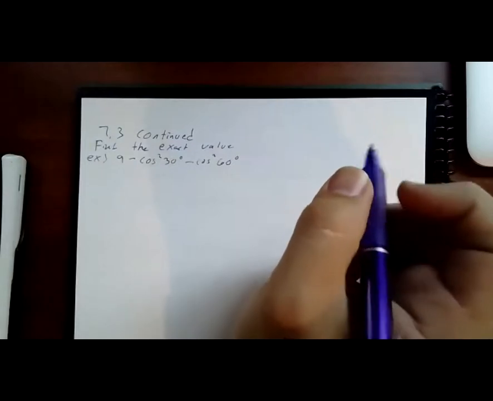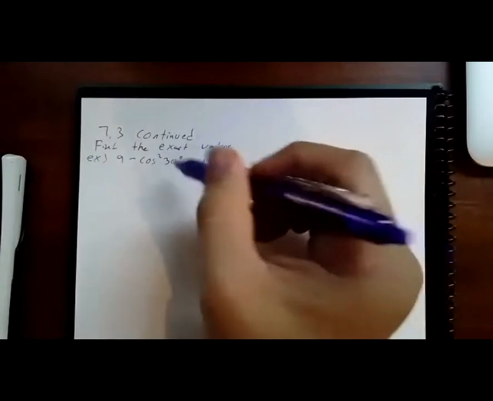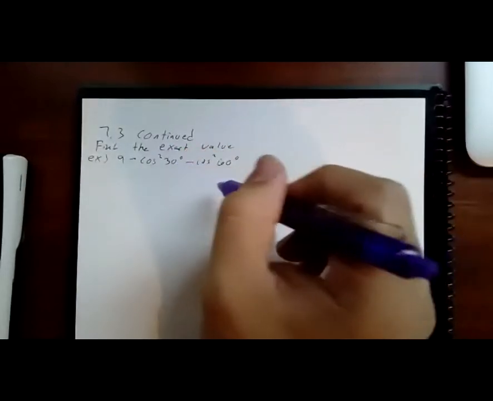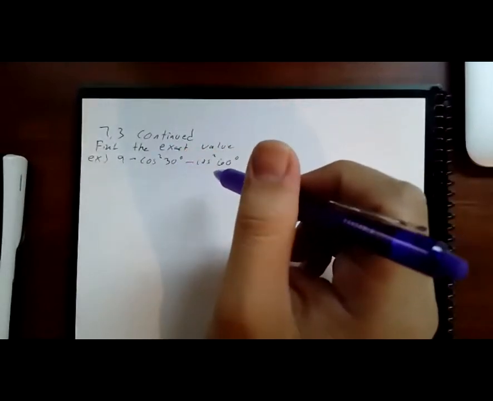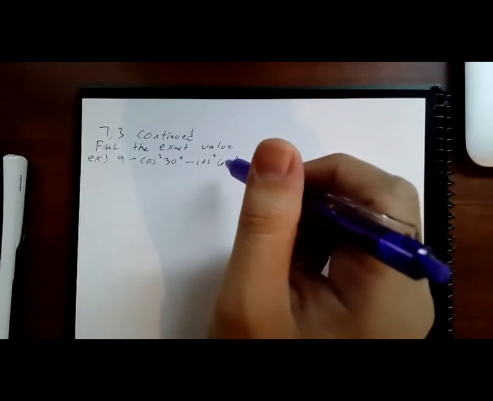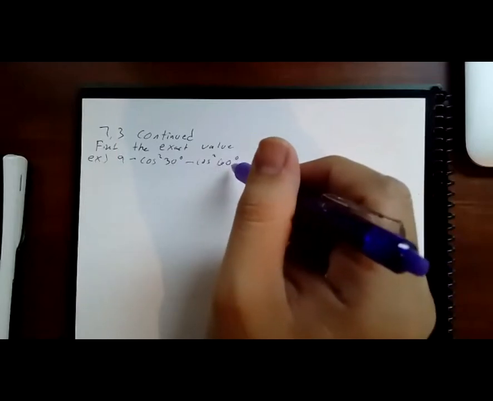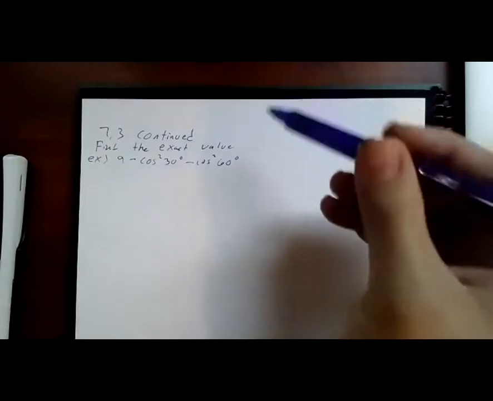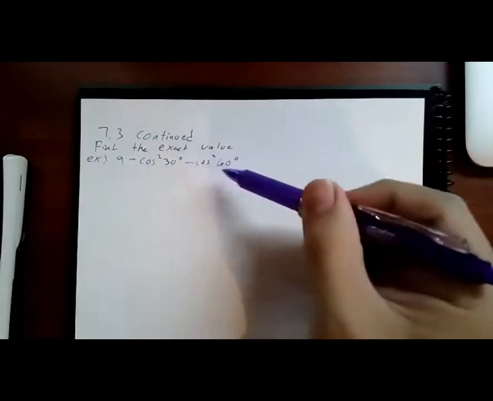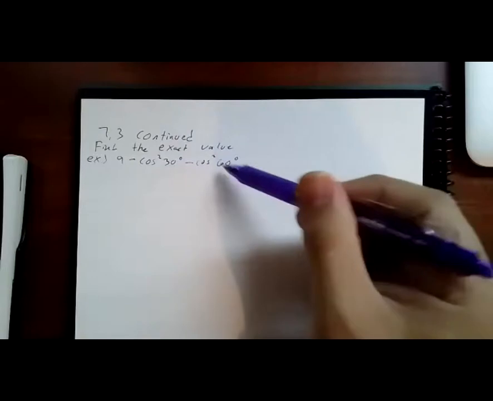Okay. Now we could just use a circle straight up at this point. You could also use complementary angles to switch this out, because 60 and 30 are complementary angles, right?